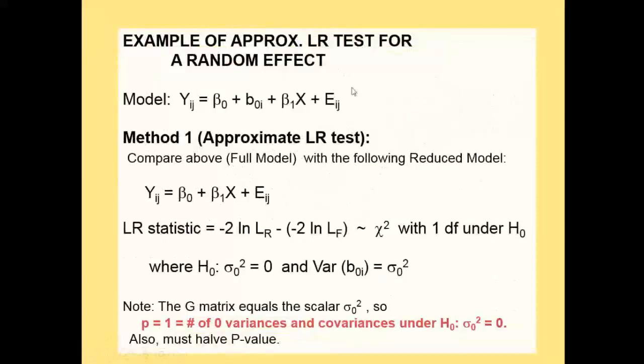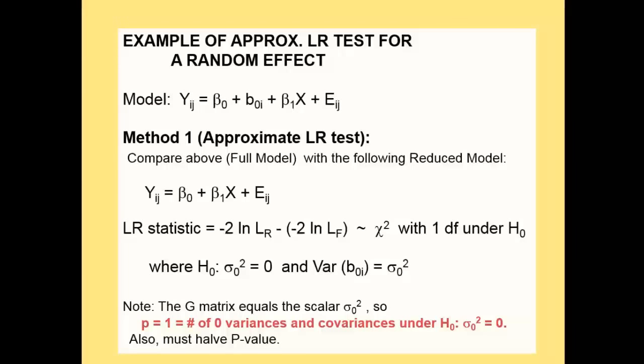Okay, here's a model. I skipped a couple of slides. Does it have a random effect in this model? Yeah, it has a random intercept, right? Okay. So now I want to test to see if this random intercept is significant. So what is my null hypothesis?